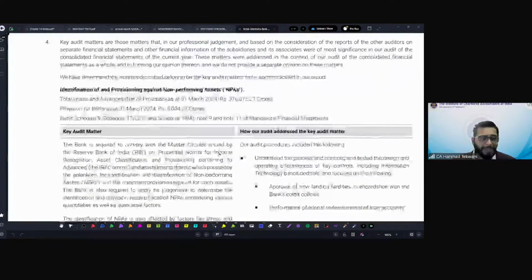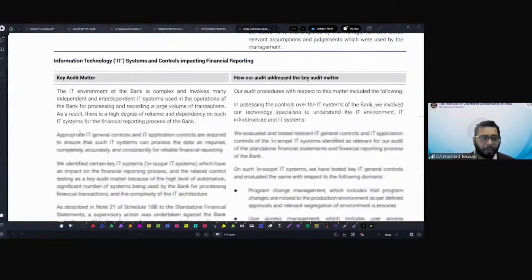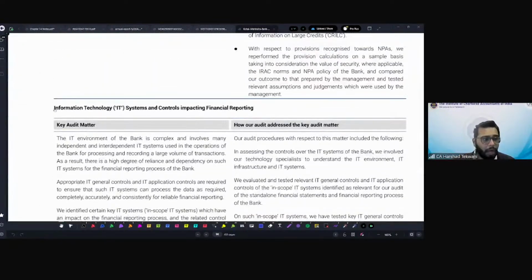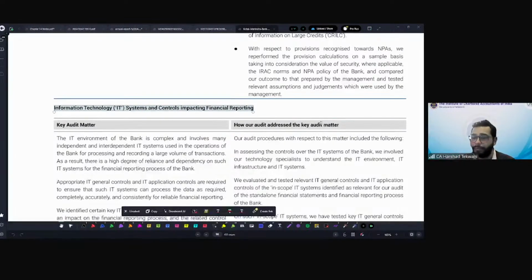Now, if I go to the second key audit matter over here, it is nothing but information technology systems controls impacting financial reporting. Here we talk about financial reporting, but again, information technology systems with respect to financial reporting, or you can say day-to-day operations also, because if there is any issue with the information technology systems in your day-to-day operations for a bank, it will impact your financial reporting.